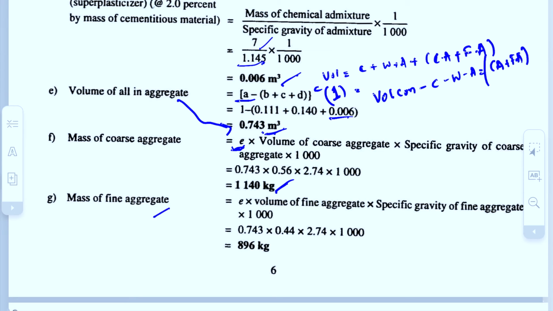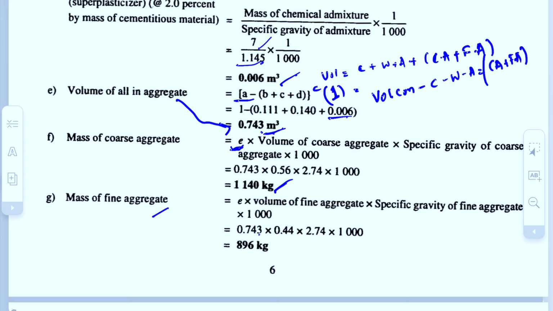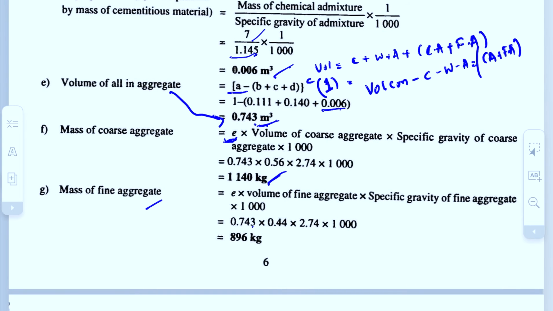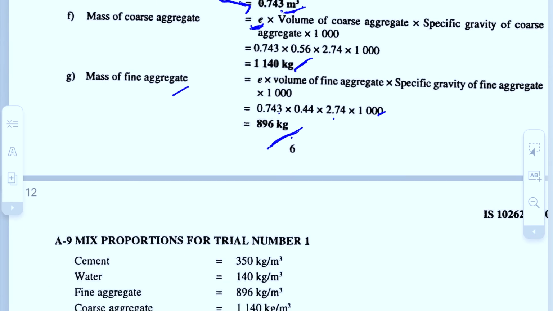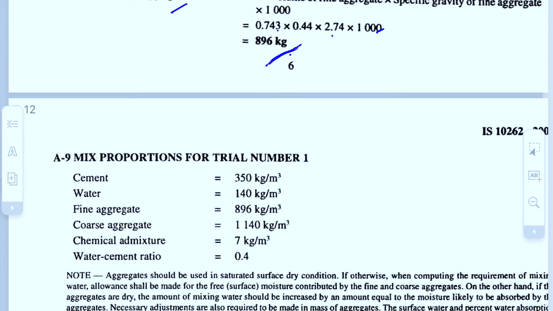Similarly, mass of fine aggregate is, E is nothing but the total volume of aggregate, 0.743, into the volume fraction of fine aggregate, 0.44, into specific gravity of fine aggregate, 2.474, again multiplied by 1000, gives 896 kg. This is the mass of your fine aggregate.